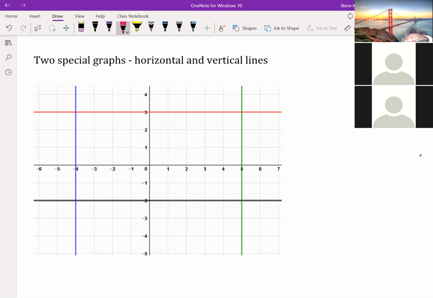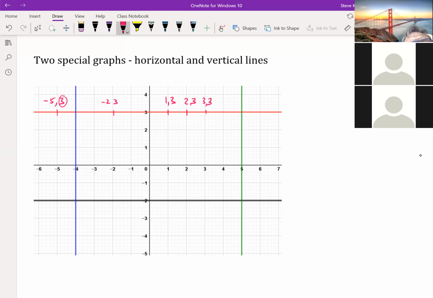For the horizontal line, well, we need to understand that each point over here on that line has something in common. And that something in common is the fact that no matter what the x value is, the y value is always 3.